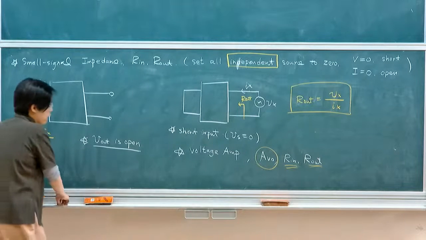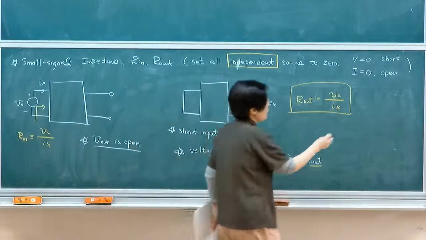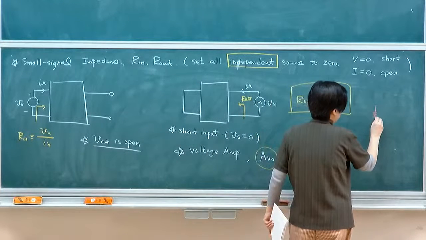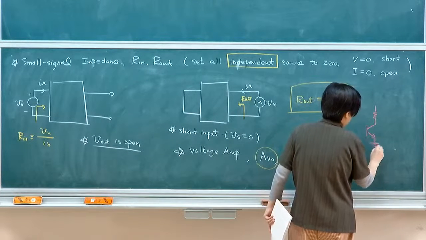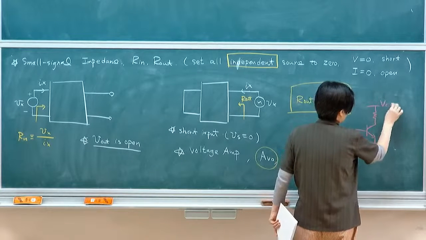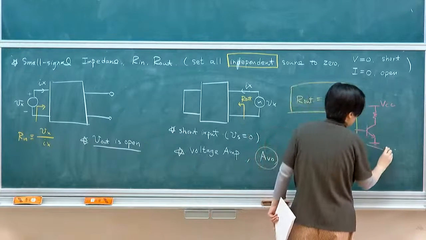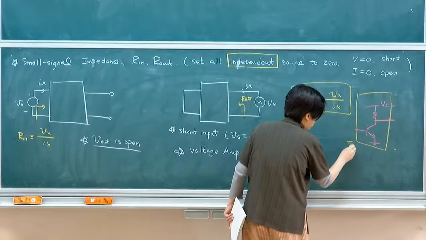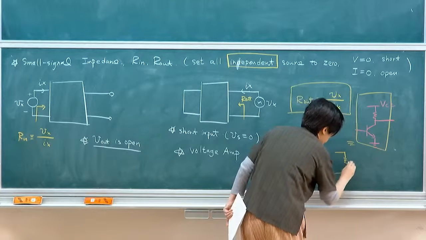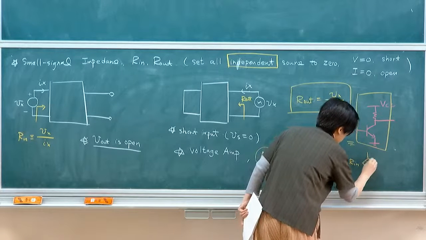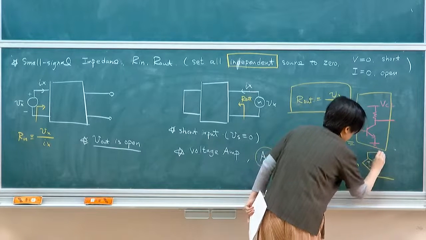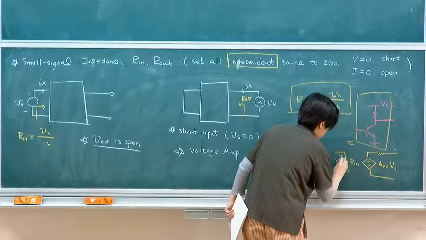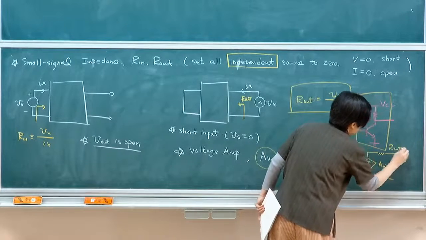So once we have this, then for any circuit, whatever it is, for example a common emitter amplifier looking like this, I'm just giving a very rough sketch, I can wrap it up and say that it's equivalent to Rin and so on.